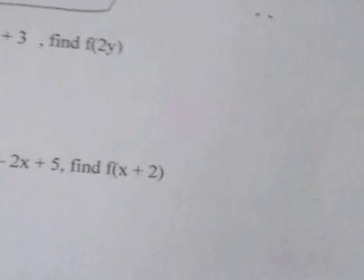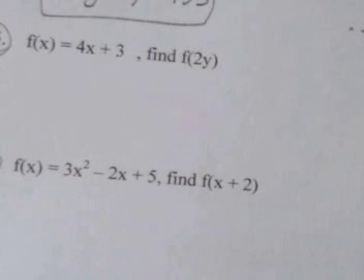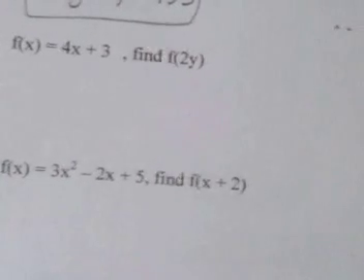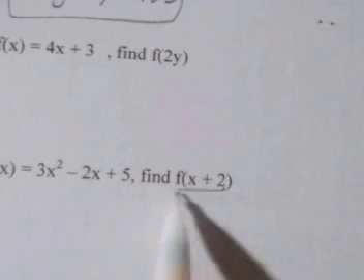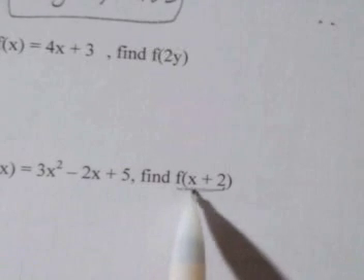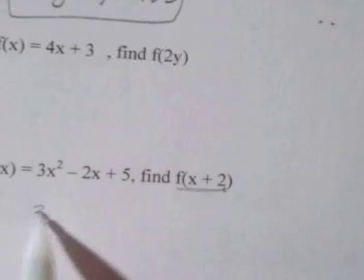Last but not least, I'd like to work example 6 with you. In example 6, we're asked not just to find f of 2 or f of 3, but to find what is y when x is a binomial. The process is the same.